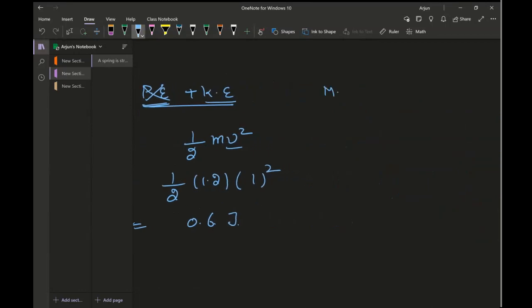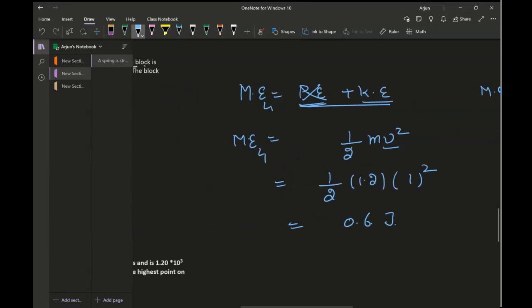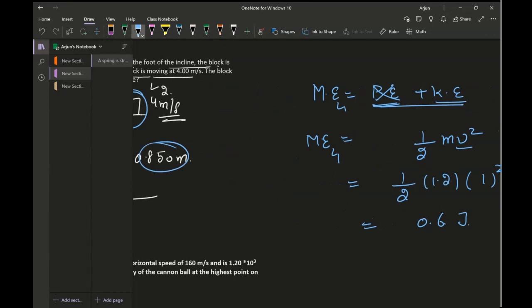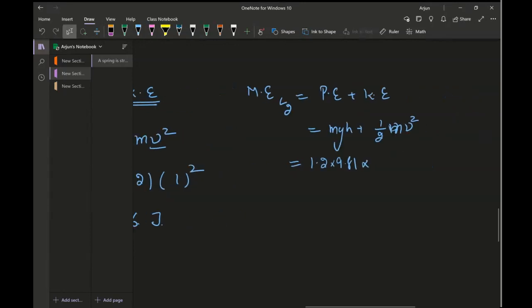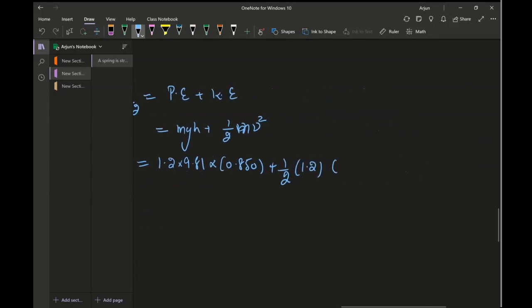Mechanical energy at location 2 will be equal to potential plus kinetic again. Potential energy, because it is at a certain height now, which is 0.850, will be counted. So this is mgh plus half mv square. Mass value is 1.2 multiplied by 9.81, and the h value in this case is 0.850, plus half times mass 1.2 times 4.0 square, since it is moving at 4 meters per second.